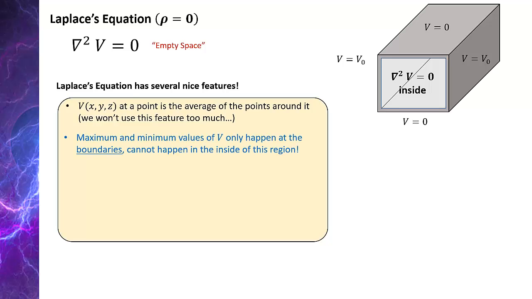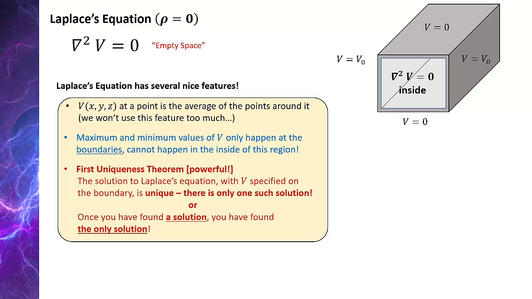A more useful property is that the maximum and minimum values of an electric potential that solves Laplace's equation only happen at the boundaries. You can't have a maximum or minimum inside the region where Laplace's equation is valid. We'll see an example of this in a little bit, and it turns out to be super powerful. A final property that we're going to use is called the first uniqueness theorem.